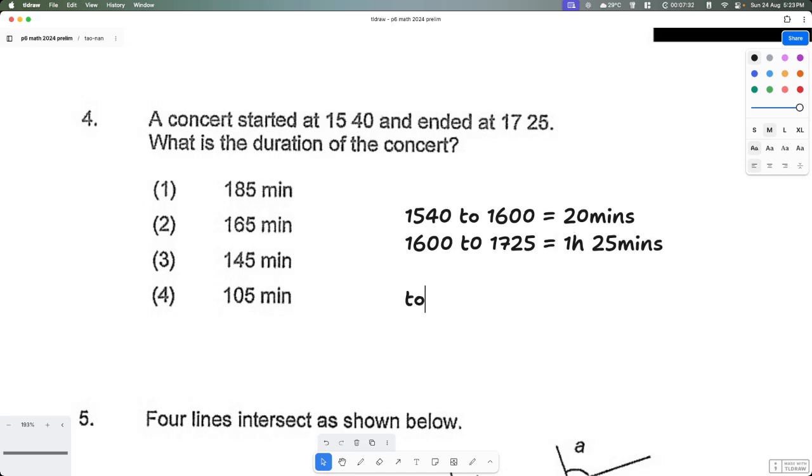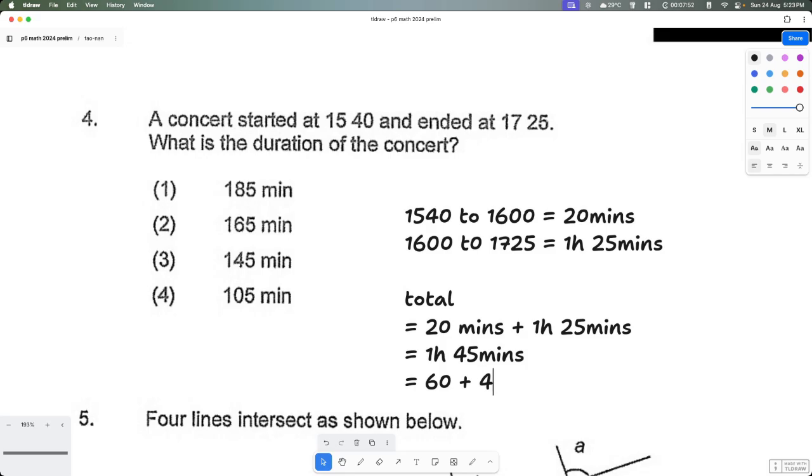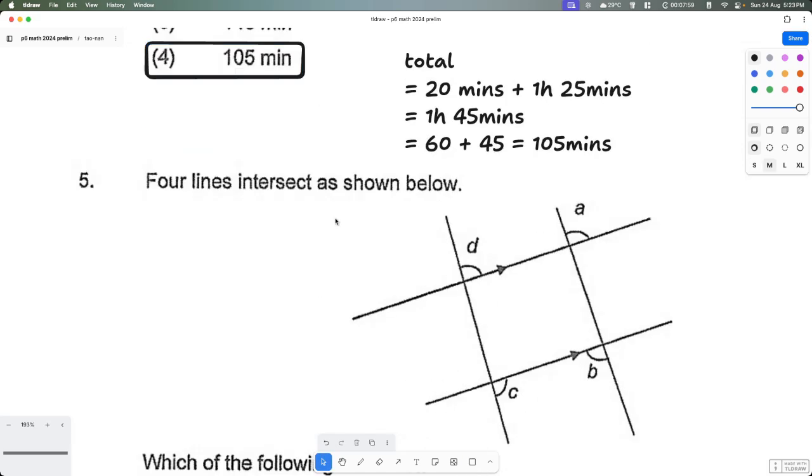So that means the total is 20 minutes plus 1 hour 25 minutes, which is 20 minutes plus 85 minutes, which is 60 plus 45, which is 105 minutes. So the answer is option number 4. Let's move on to question number 5.